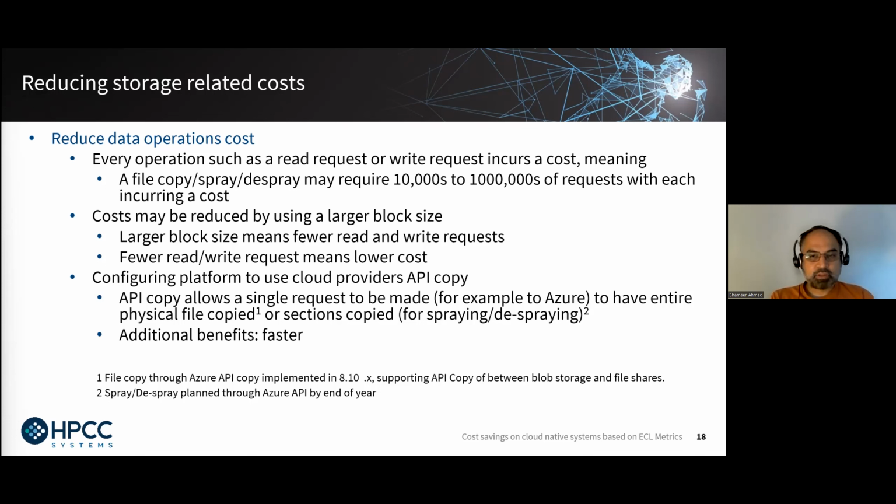It's also possible to have parts of the file, big chunks of the file, copied in a single request. This will reduce the number of requests made to the storage account, reducing the cost of the spray, despray, copy. But in addition, it's much faster.